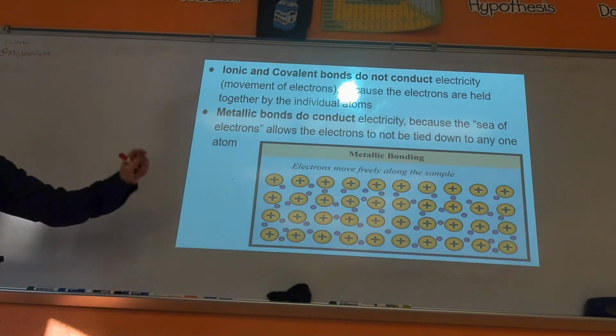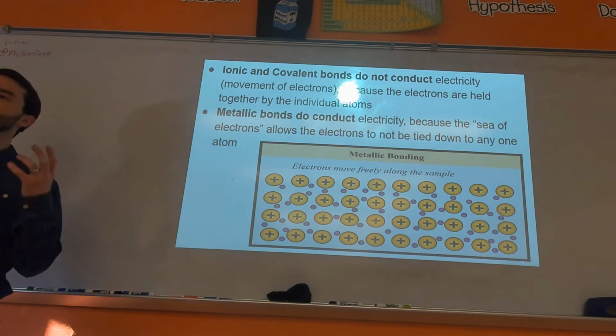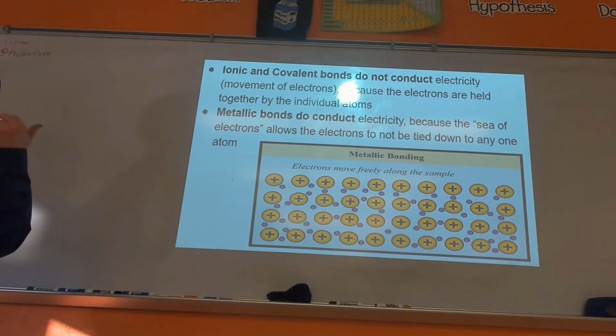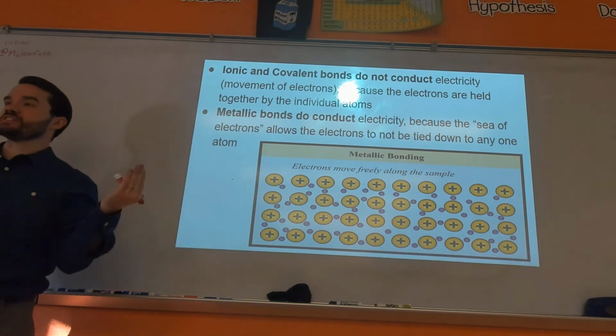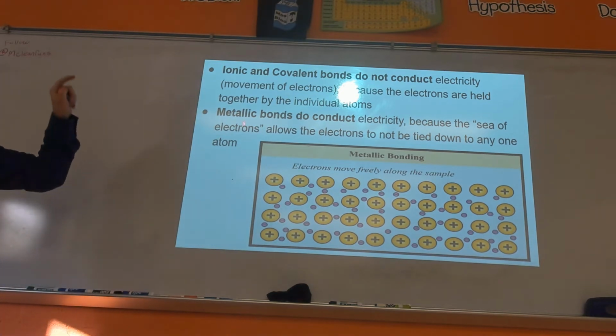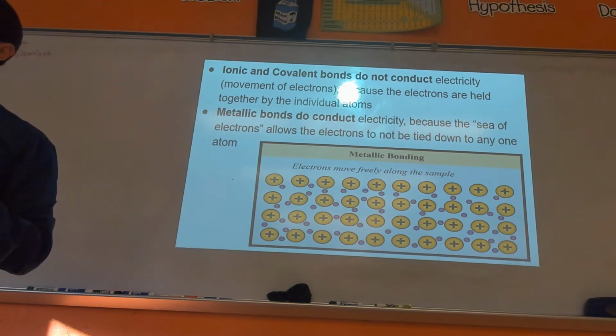All right, so now getting into the properties. That's just an overview of what an ionic bond, covalent bond, and metallic bond are. Now, what are the chemical properties of something made of ionic, covalent, or metallic bonds? If we talk about electricity, something made of ionic and covalent bonds does not conduct electricity.